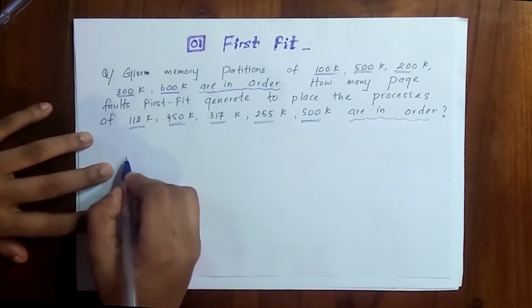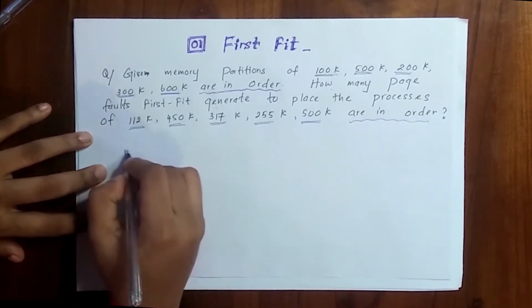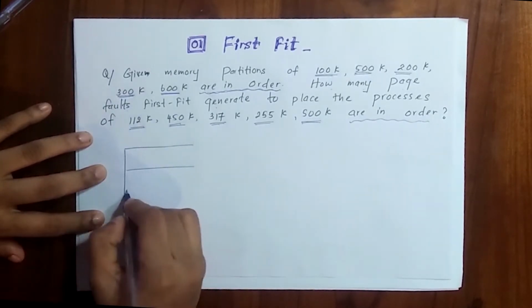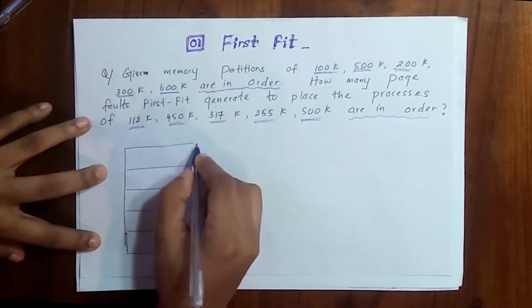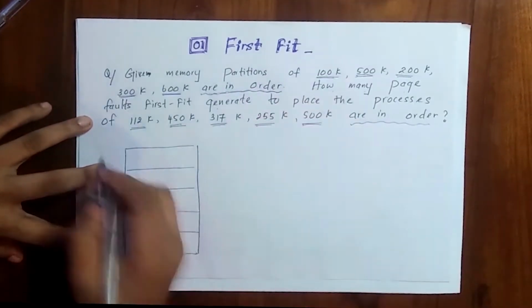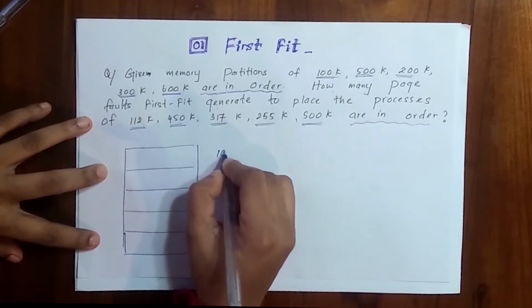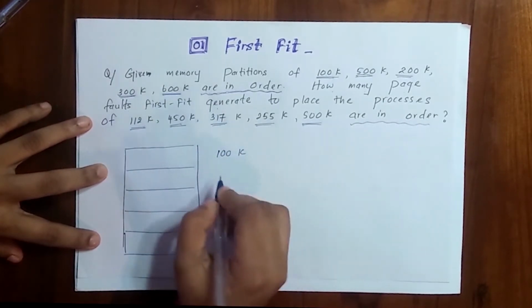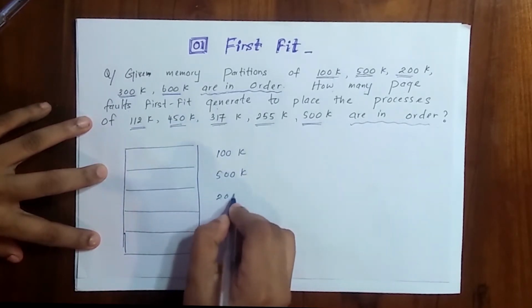So there are 5 partitions and we have to draw 5 rows, and name them. As it is given in the question that the partitions are in order, you have to write them in the same order given in the question.